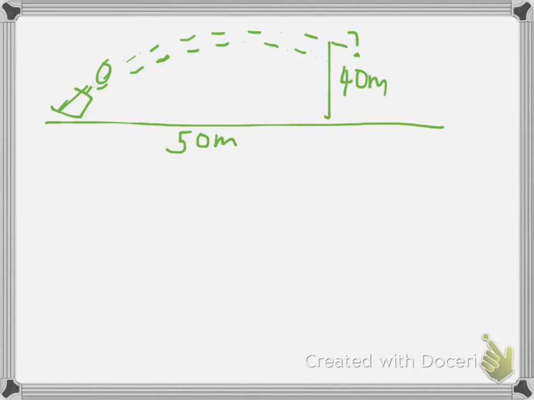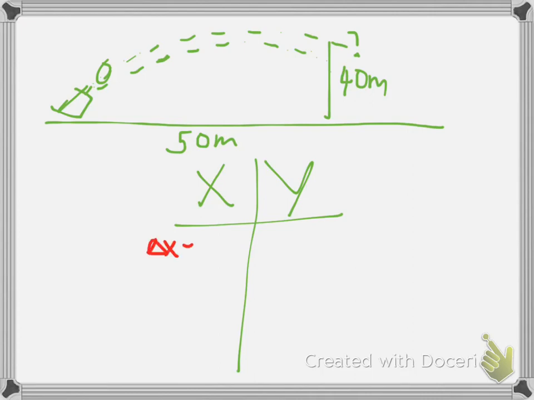So we're going to do our same x and y stuff, and we can actually borrow some values from the previous problem. The previous problem is allowing us to do that. So we know our delta x is going to be 50 meters in this case. Our Vox is going to be the exact same, 61.3. Why is it the same? Well, it's the same angle, it's the same initial velocity, so we don't have to recalculate those vectors.